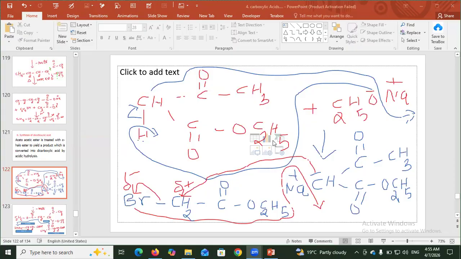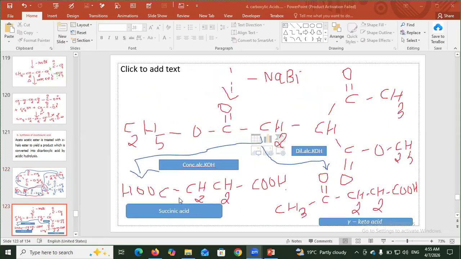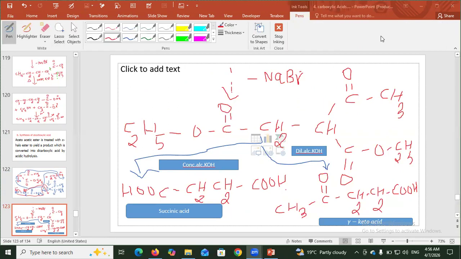Acetoacetic ester treated with sodium ethoxide and this carbanion attacks on this carbon with halide, and removal of sodium bromide produces this product, and treat it with concentrated or dilute alcoholic potassium hydroxide and produces succinic acid and gamma keto acid.